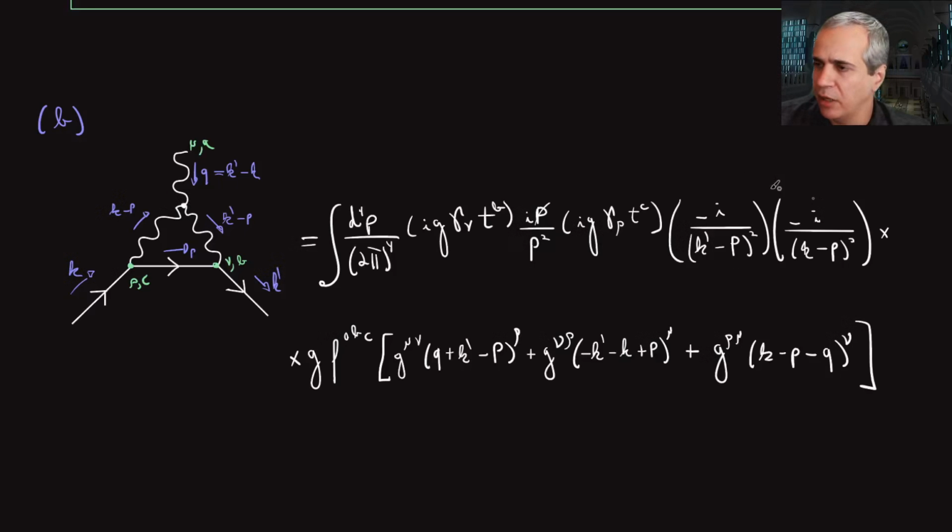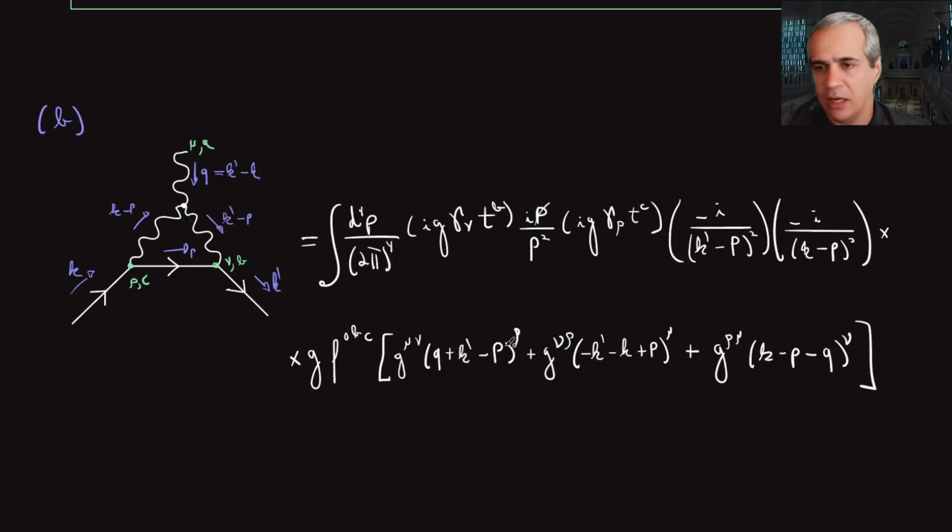I already used all the g^μν that comes from the propagators and also the deltas in the adjoint index. So you see ν is already contracted with ν in the complicated three boson vertex over there.